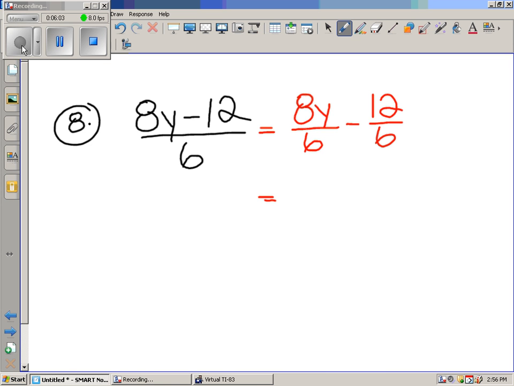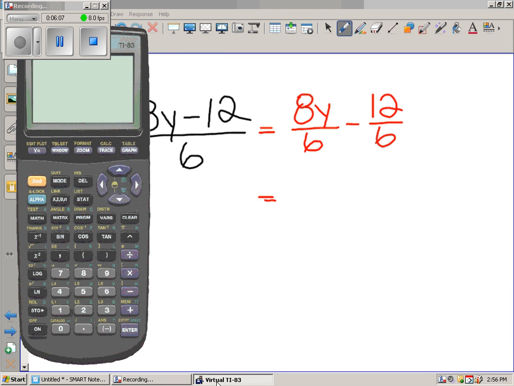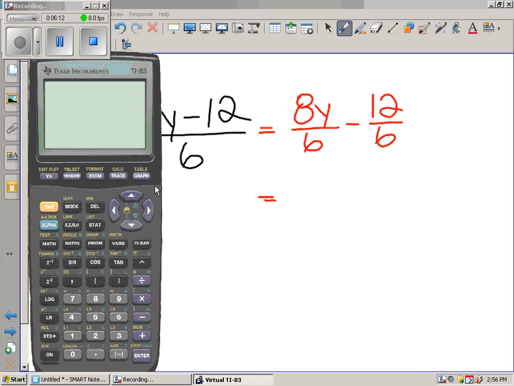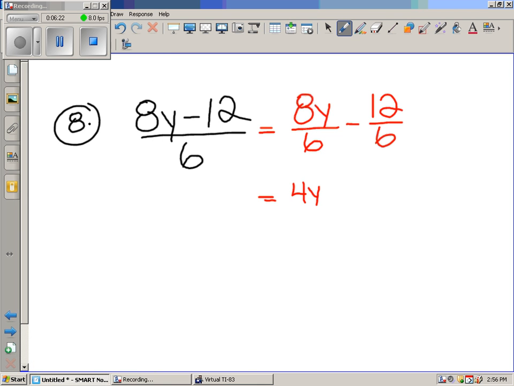So 8 over 6, if we use our calculator, 8 divided by 6, enter, math, fraction, 4, 3, so that's 4y over 3 minus, what's 12 divided by 6? 2.